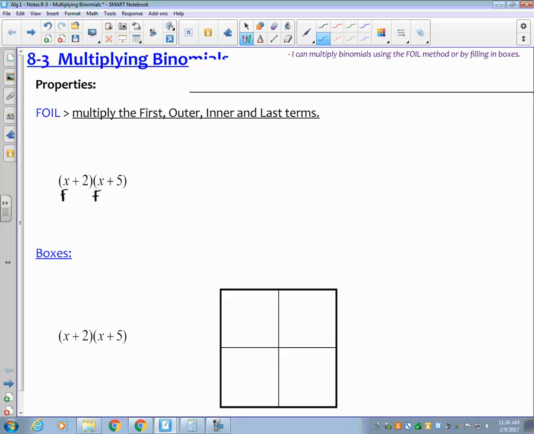This guy is also the first one in the binomial. So I'm going to multiply the two firsts together. X times x. I use the rainbow method. Okay, so the firsts multiplied together are x squared.